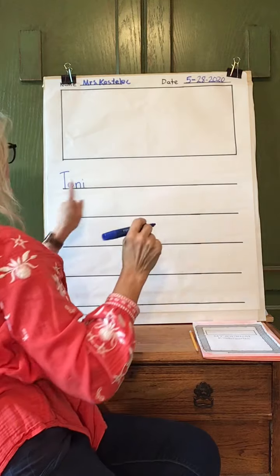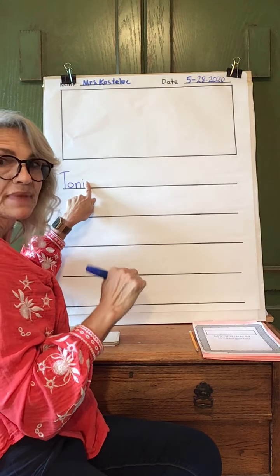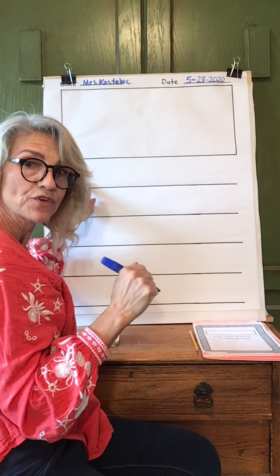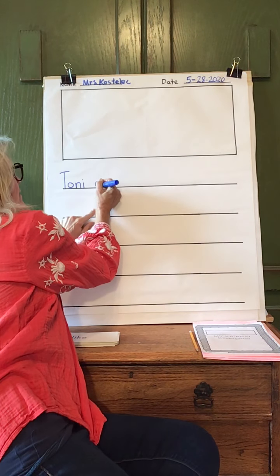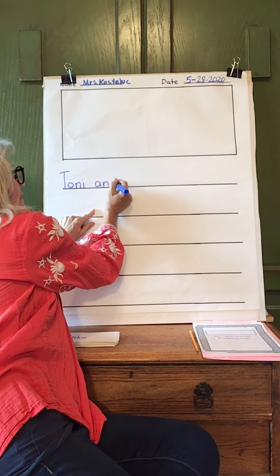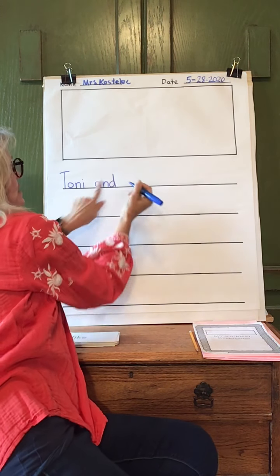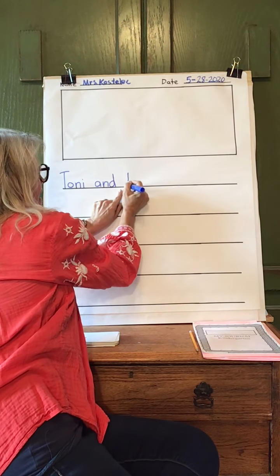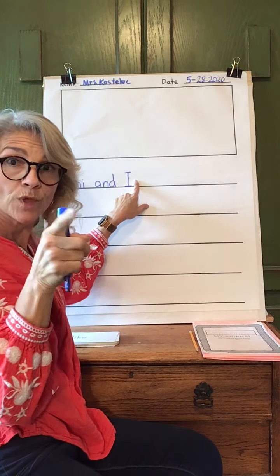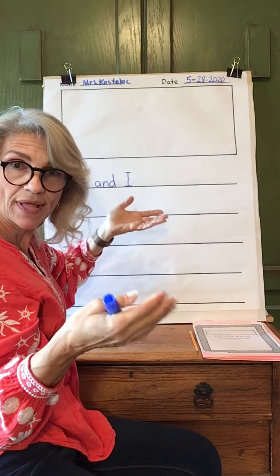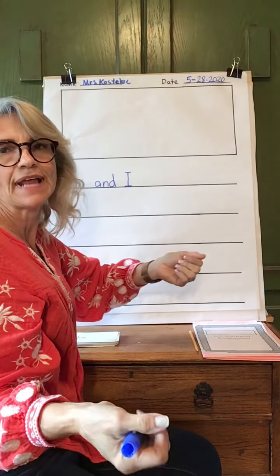O-N-I. Tony. Spaceman. And you can use your little spaceman or your finger. It's up to you. Tony and spaceman, I, spaceman, went. So say went, went. You can sound it out. Went.